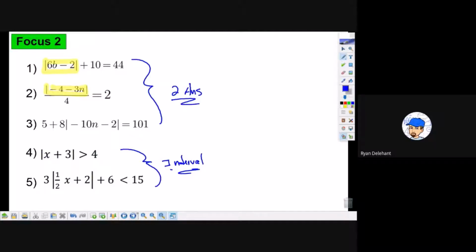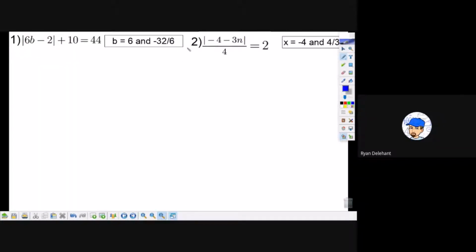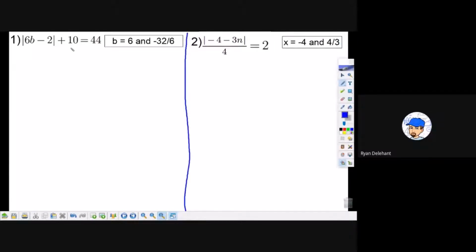So let's go ahead and look at the answers. I have the answers already written. We are going to do the work, but that way, since you guys have already done it, you can check them. So to get this isolated, we're going to subtract this 10. You can do algebra with this just like you would any other equation. And we get 6b minus 2 inside the absolute value is equal to 34.